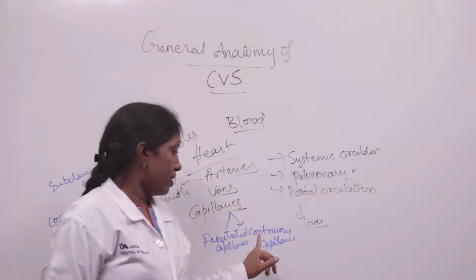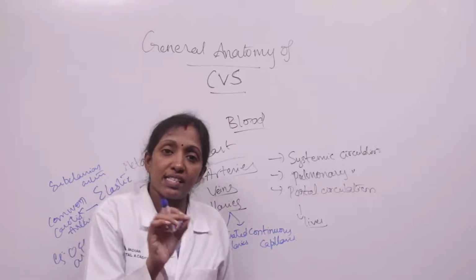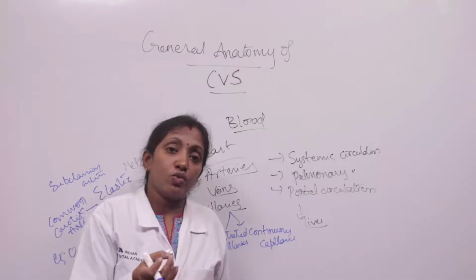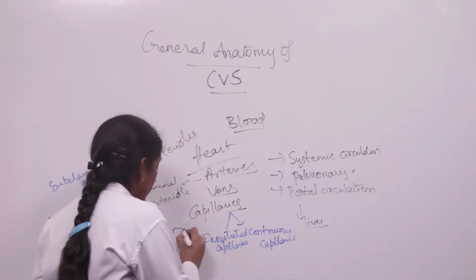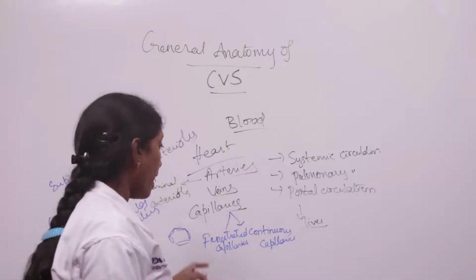In continuous capillaries, the endothelial cells are closely arranged, so they allow only small molecules to pass through into the tissues.